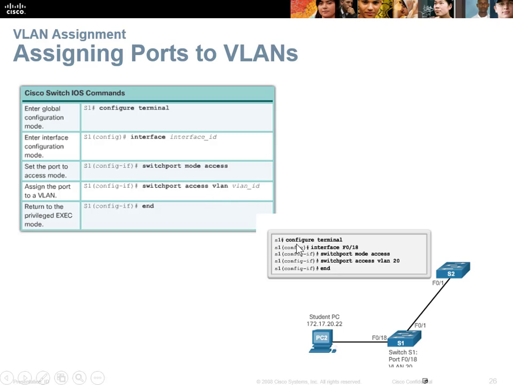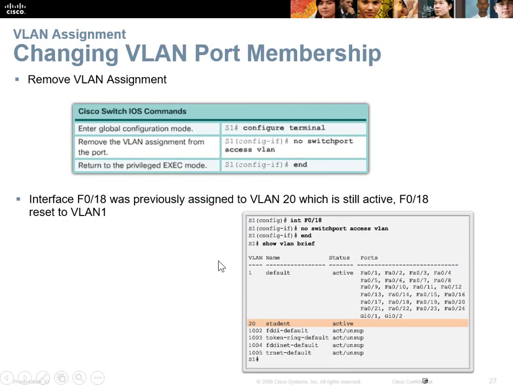So here it is: config t, interface Fa0/18, switchport mode access, and that port I'm going to put on VLAN 20, and then end to put you back to the original prompt. If you want to remove any command on a router or switch, just put no in front of it, and it will reverse what you did originally.